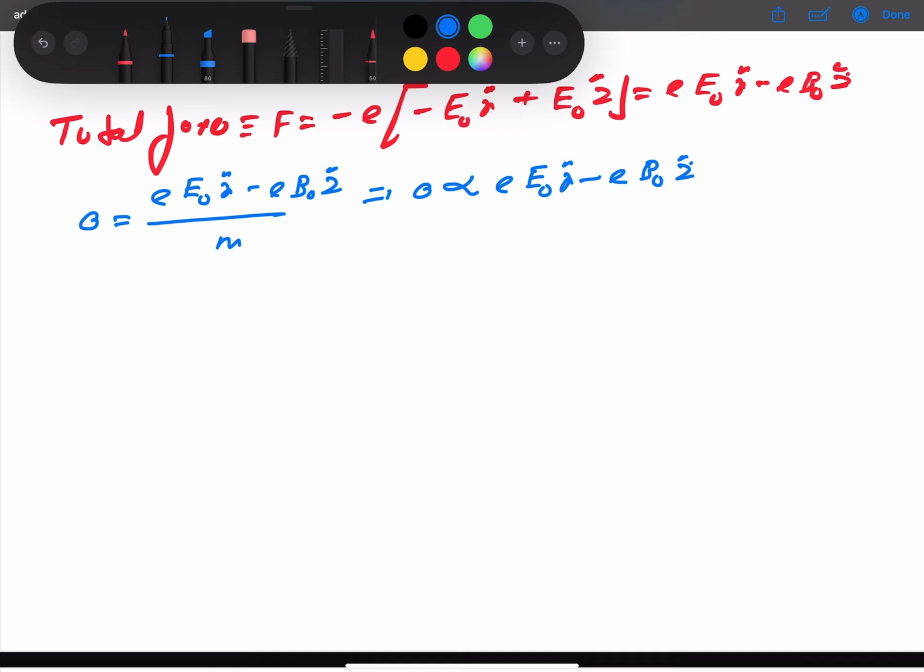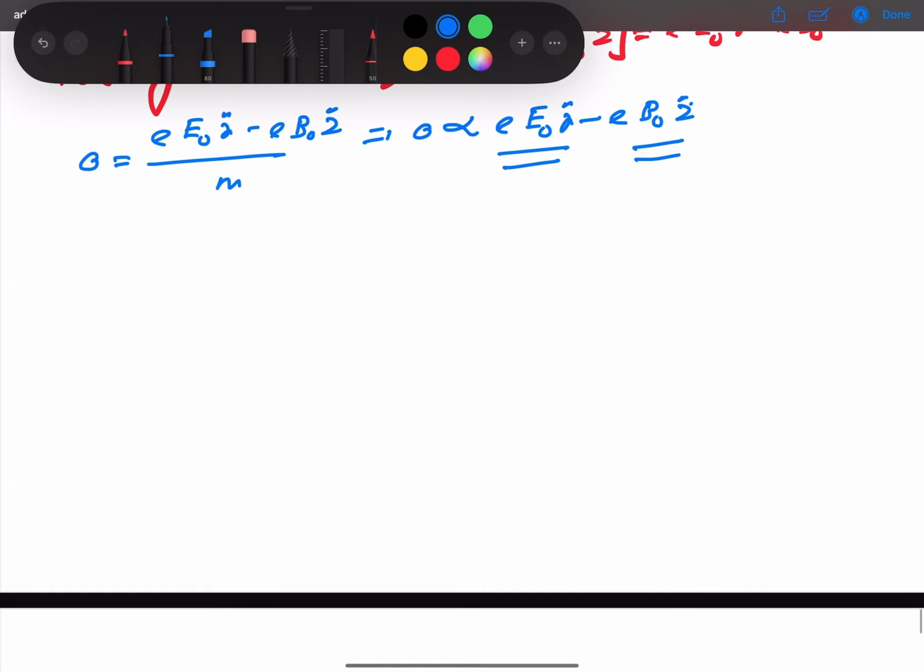So the acceleration has both x component as well as Z component. And the Y unit component is missing.